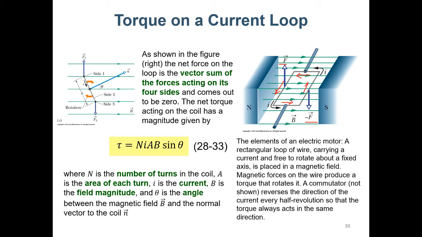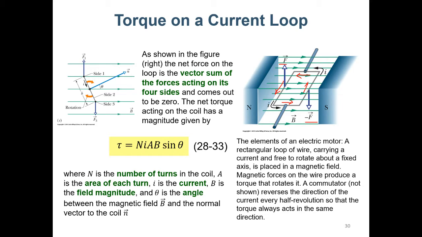And consider these two sides: the current and the B point in the same direction, which means theta equals 0, the angle between the current and the B field is 0. So sine 0 degrees is 0.